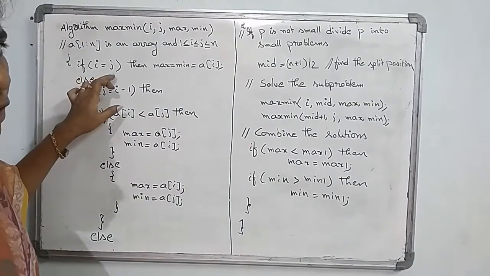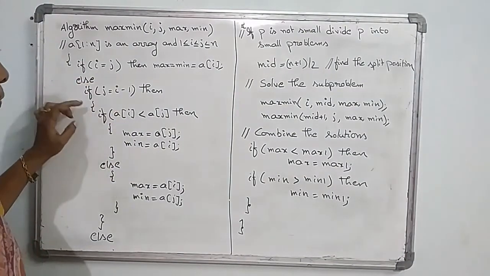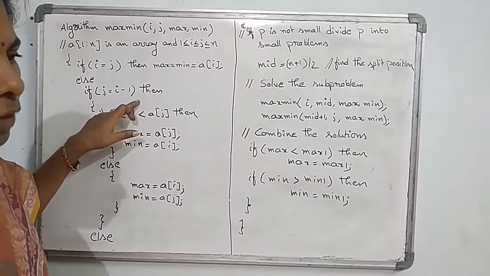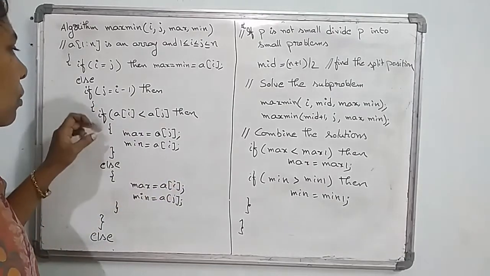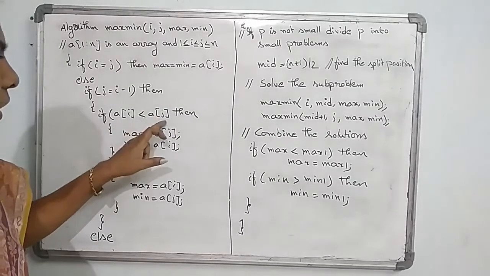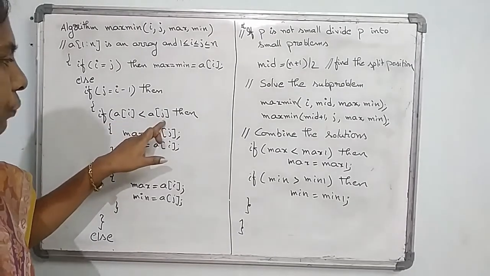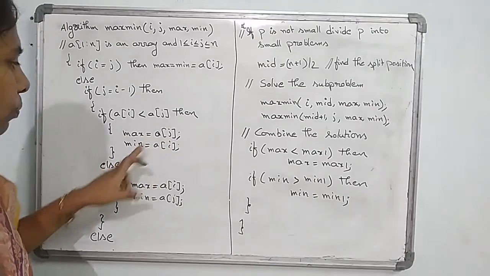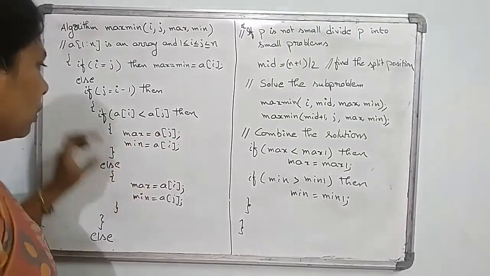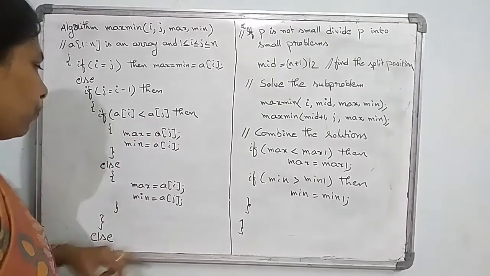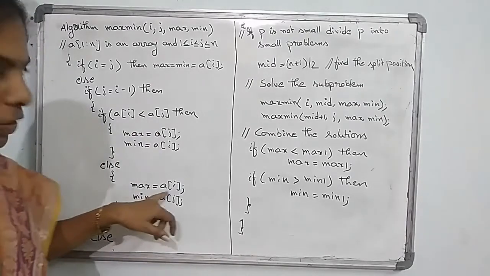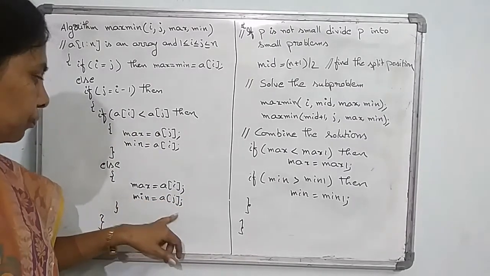If i equals j is false, then you come to this one, j equal to i minus 1. That means you are finding the elements within the array. Then if a[i] is less than a[j], we set max equal to a[j] and min equal to a[i]. If a[i] is not less than a[j], that means a[i] is greater than a[j], then you set max equal to a[i] and min equal to a[j].